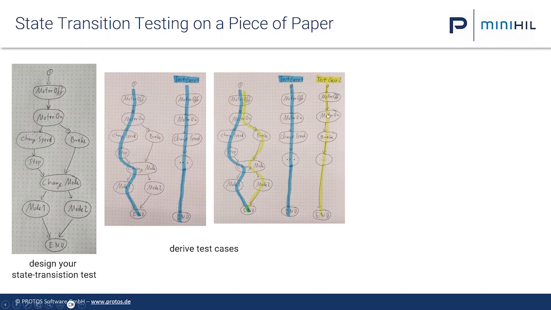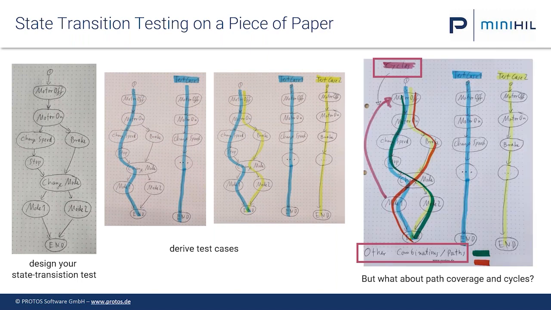The problem is I do not test, for example, change speed against mode 2. It's something I do not test now. For that, you need a combinatorial approach that gives you a bit more path coverage.